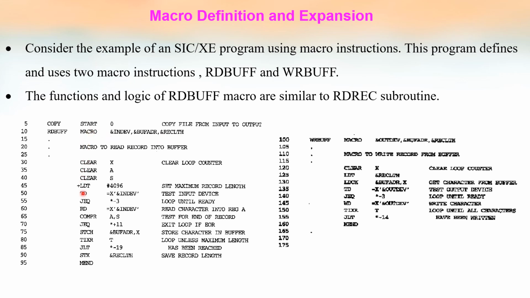Then this is the body of the macro, whatever code is inside the macro, and then this is the end of the macro, MEND. Then the second macro, WRBUFF, with the keyword MACRO, then output device, buffer address, and record length. These are the parameters. Then this is the body of the macro, and again MEND. So this is the example for the definition of macros.